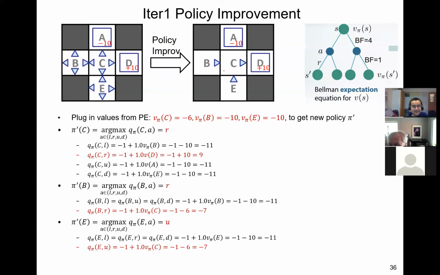If we look left, I'll get a -1 reward plus B's value function, -10, so I get -11. If I go right, I get +10 as the next value function, so I get -1 plus 10, which is 9. If I go up, I get a total of -11, and if I go down, I get -11. So the argmax of these 4 Q value functions is this one, going right.